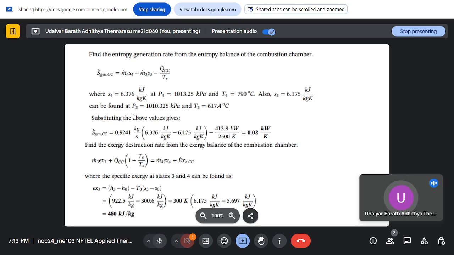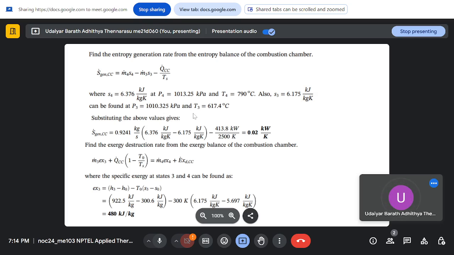So here your S4 is 6.376 kilojoule per kg Kelvin, and P4 is 1013.25 kilopascal and T4 is 790 degrees Celsius. So we know this P and T, so corresponding entropy is 6.376, and similarly at state 3 we know the pressure and temperature.